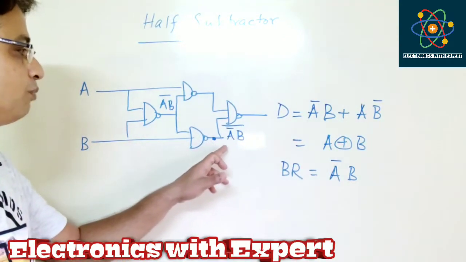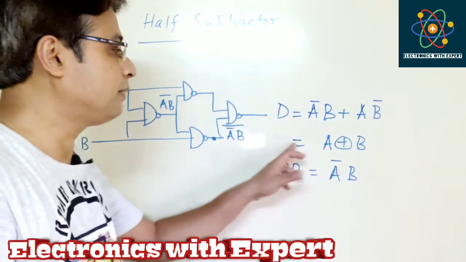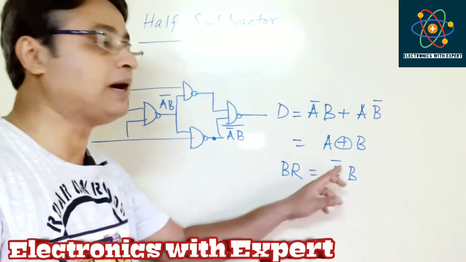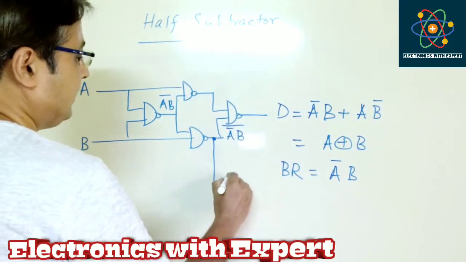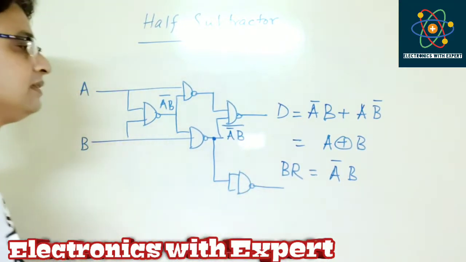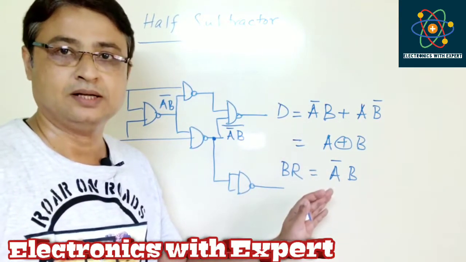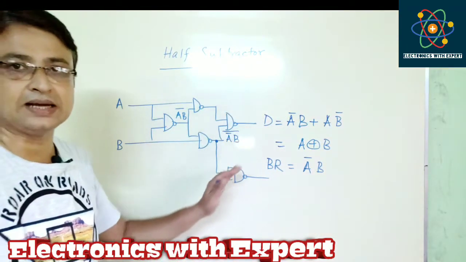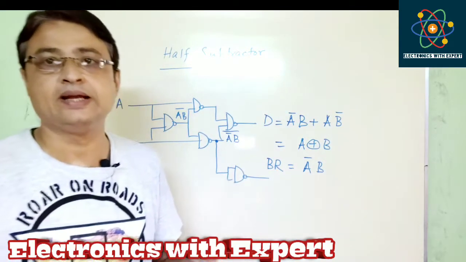This is the output of A bar B whole bar, and as you can see, our borrow out expression is A bar B. So just taking this output and using it in another NAND gate, we can get the expression for borrow out, that is only A bar B. So this is the entire circuit of a half subtractor using NAND gates only.